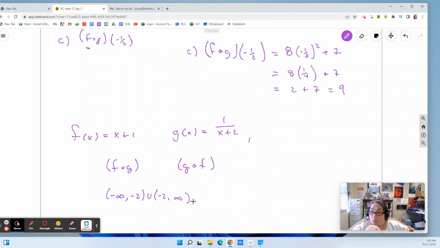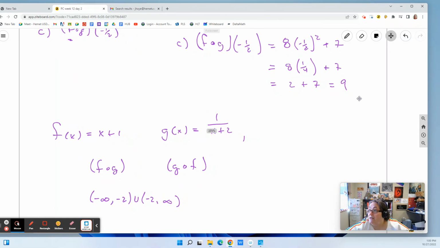So when we're looking for these domains and we're trying to exclude something, more often than not, you're going to be dealing with parentheses when it comes to composition of functions, because we're excluding something, right? So I hope that makes some sense.